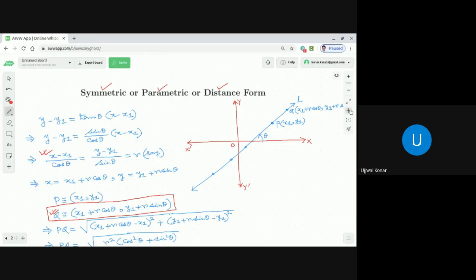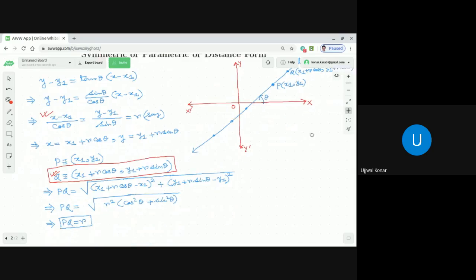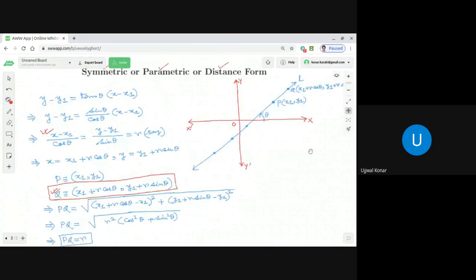So what we represent here is the point-slope form equation in a different, symmetric manner. It was the original equation, no, dear students. So this we all are aware of: y minus y1 is equal to m into x minus x1.